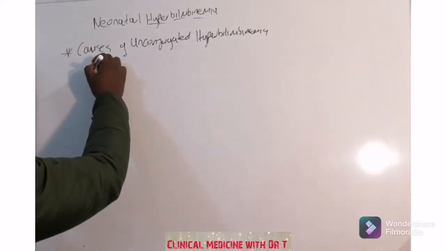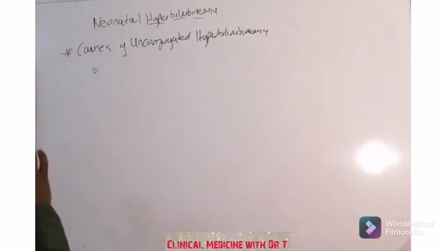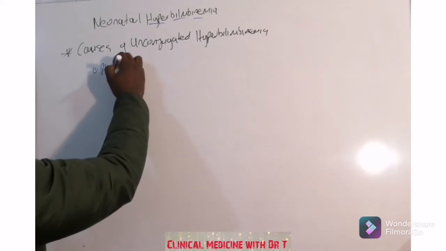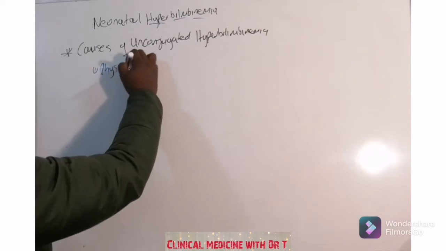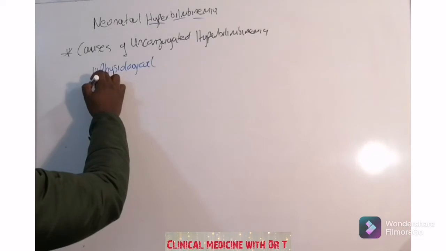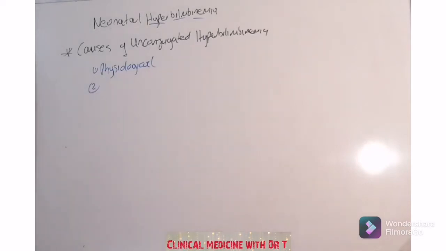So the classification that we have is you've got physiological hyperbilirubinemia or physiological jaundice. Now people term that benign neonatal hyperbilirubinemia, or just benign hyperbilirubinemia.